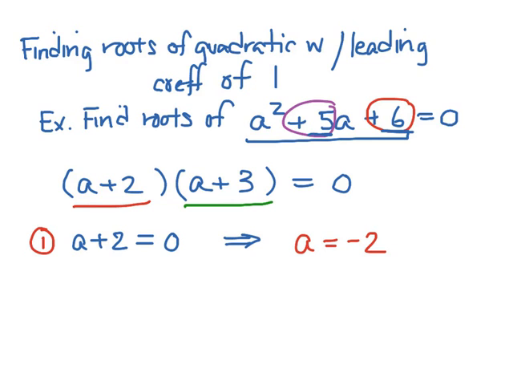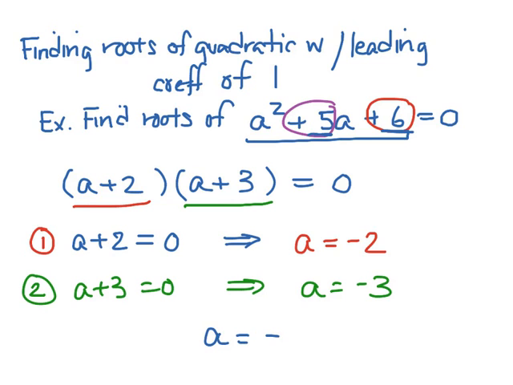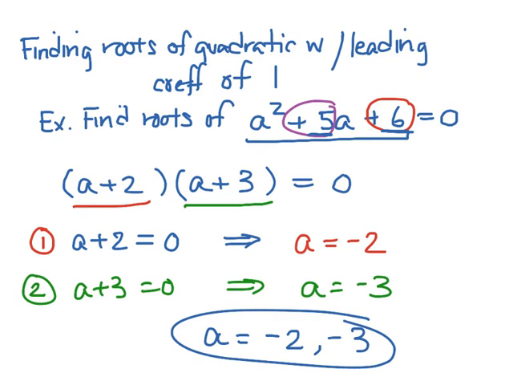And my other situation is a plus 3 equals 0, so a has to equal negative 3. So my two answers, or my two roots, are a equals negative 2 or a equals negative 3. And those are the only two values of a that, if I plug back into this original quadratic equation, will make it 0.